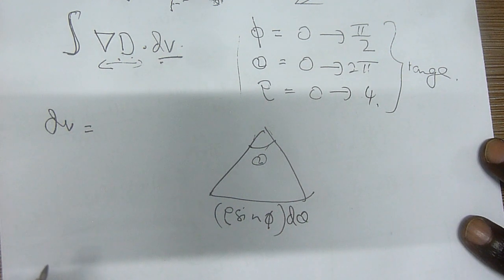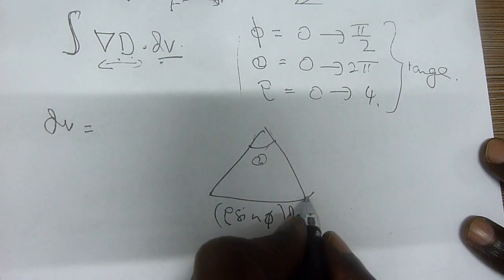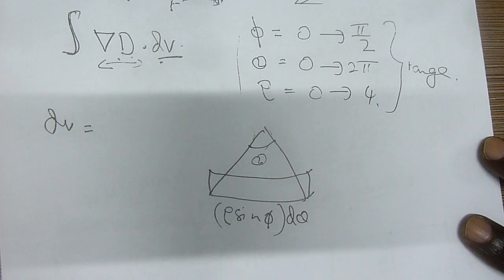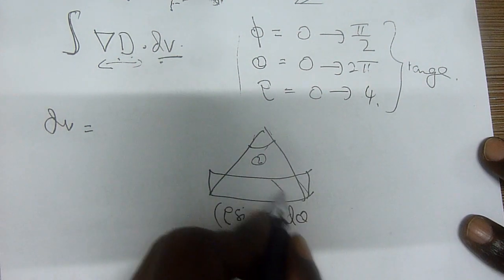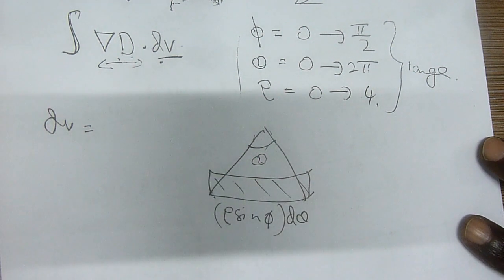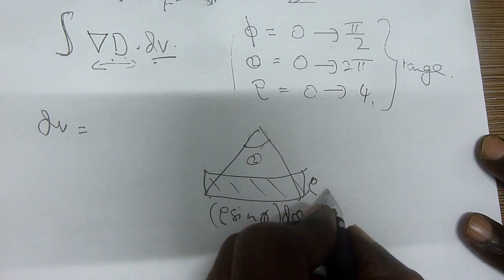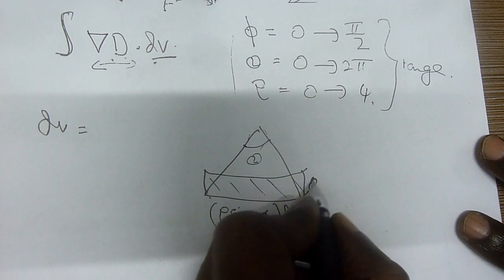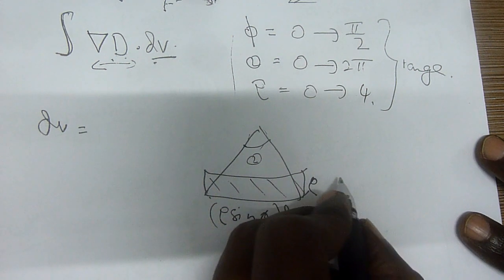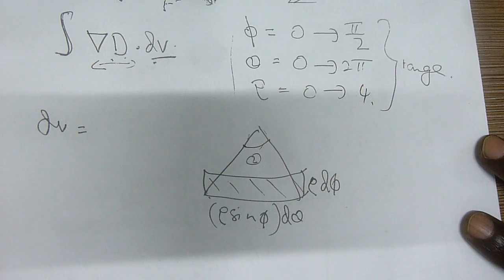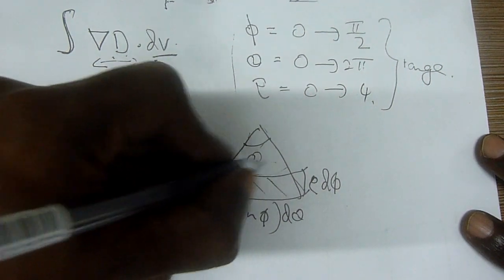What about, since we pulled it up a bit, this is the surface. We want to identify the surface. If it is a surface, how do we identify that? That one is rho d phi. Now we want to go inside.